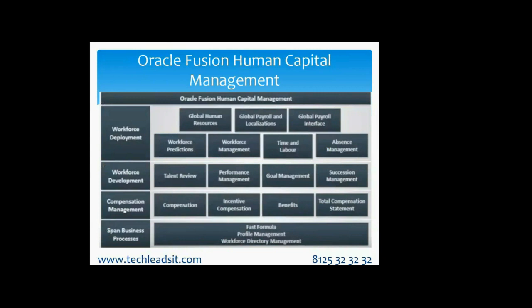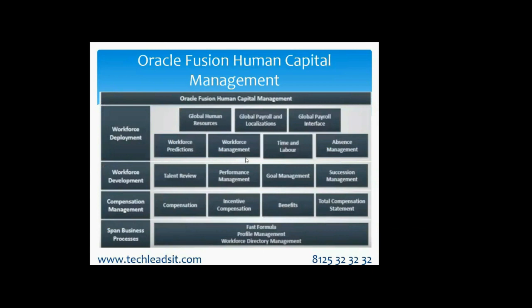Okay. So how Oracle markets the HCM modules to the clients is that they will go for workforce deployment. If they are going for workforce deployment, what all modules come under workforce deployment?